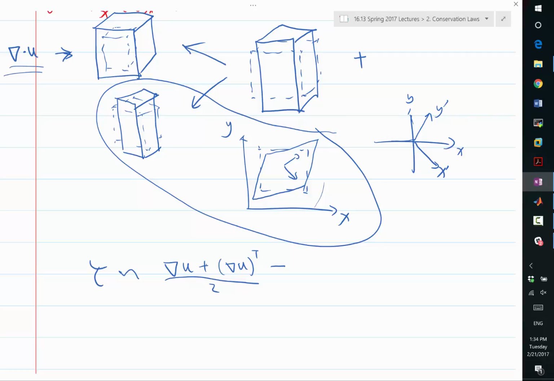In order to add something times identity to make this trace free, I need to have a 3 here, because there are 3 diagonal entries, and sorry, 3 should be down there, right? 1/3 times identity times the divergence of u, right?